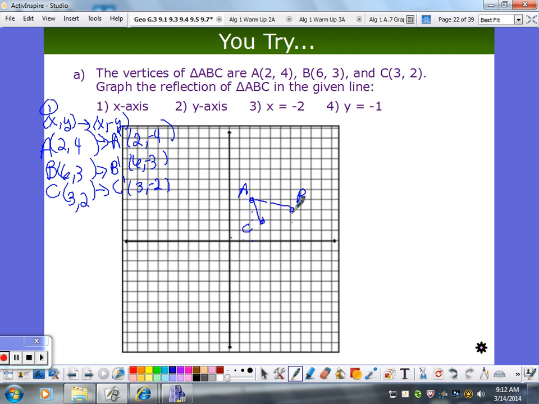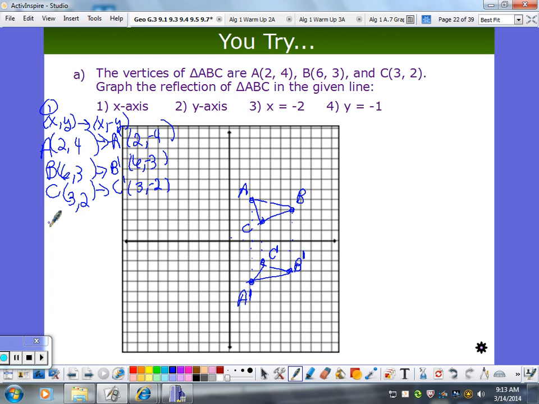I think that's the pre-image. And now I'm going to do the x-axis one. So that's the reflection across the x-axis.